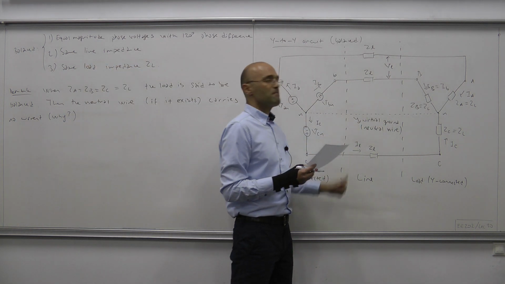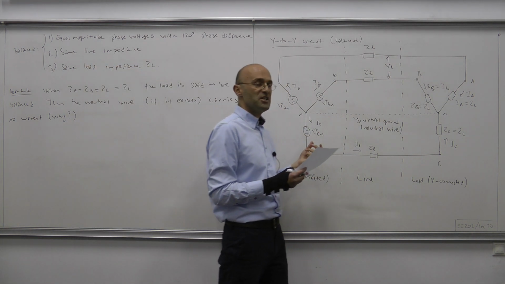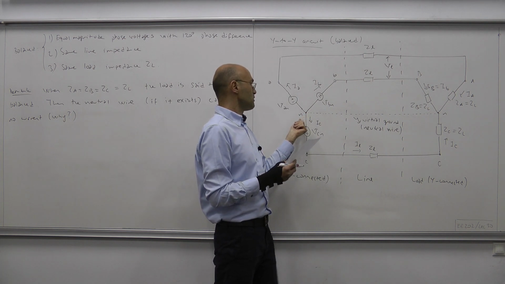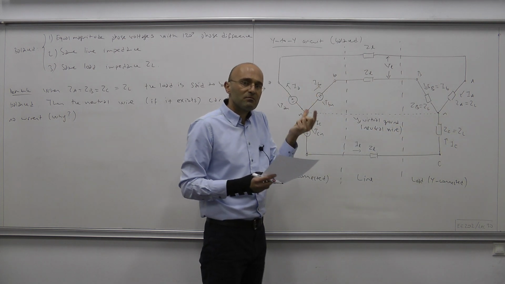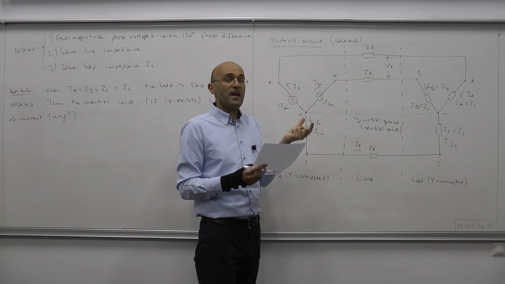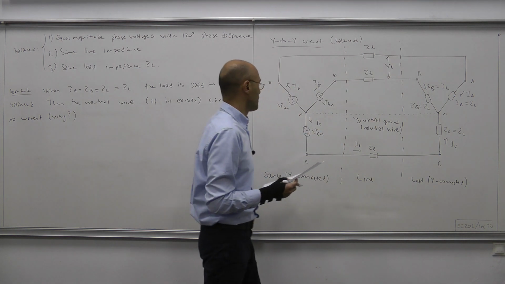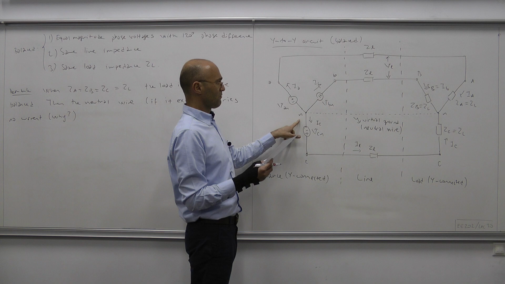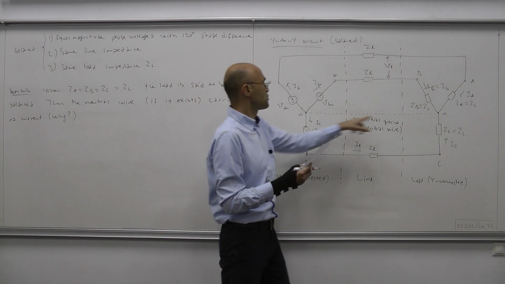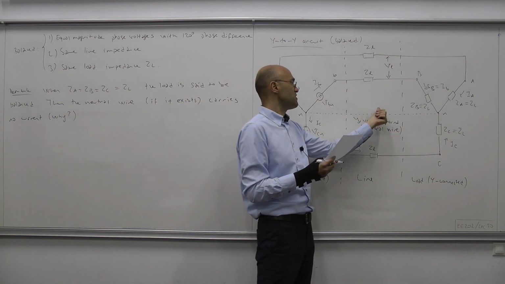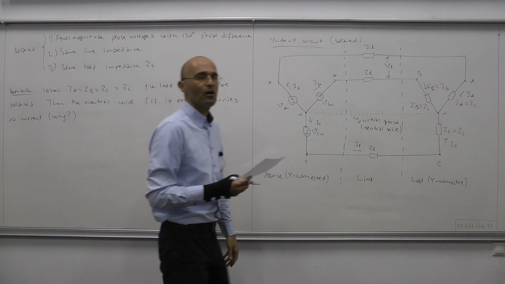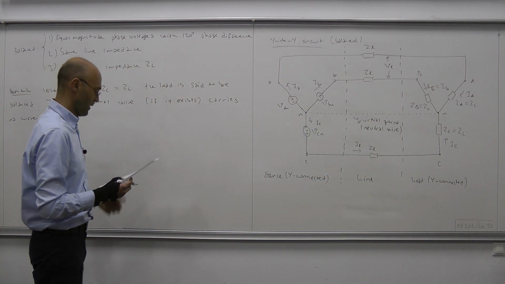Zero current through this wire means that the node voltage here and the node voltage here are the same. There is no voltage drop across these two terminals. Therefore, you can take this either as an open circuit or a short circuit.